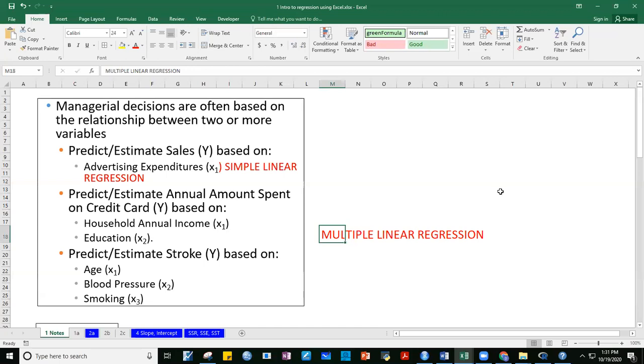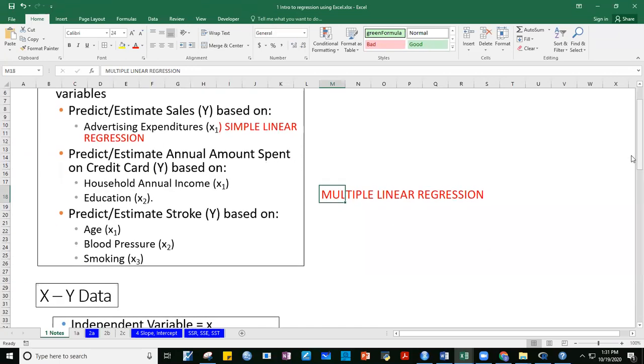And then there's another example. In medicine also, in the field of the health sciences, people have tried to estimate or to predict whether an individual is susceptible to stroke based on the age, based on the BP, and based on a characteristic whether that person smokes or not.